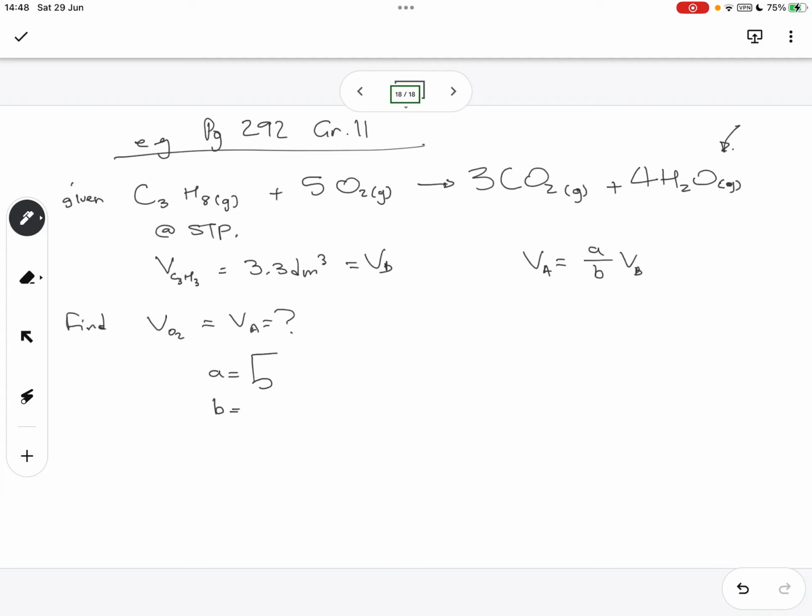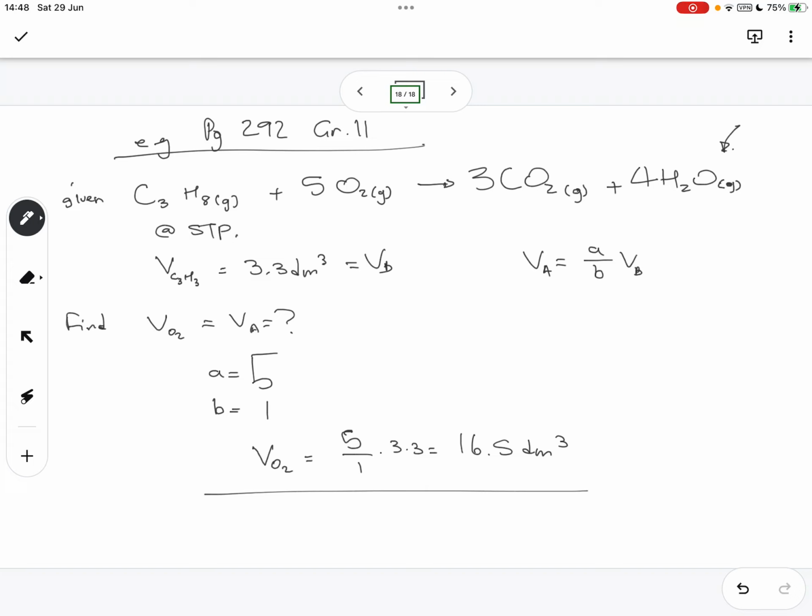And the stoichiometric coefficient for VA is 5, and then for VB is 1. So that means the volume of oxygen is 5 over 1 times 3.3. And this is going to give us 16.5 dm cubed.